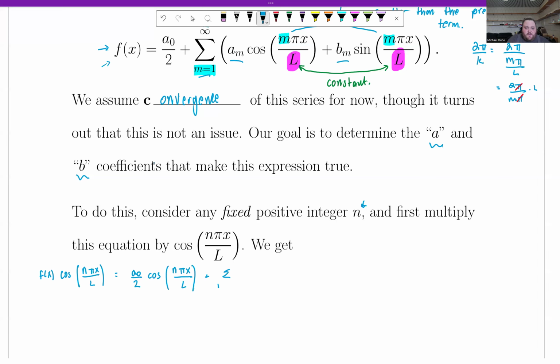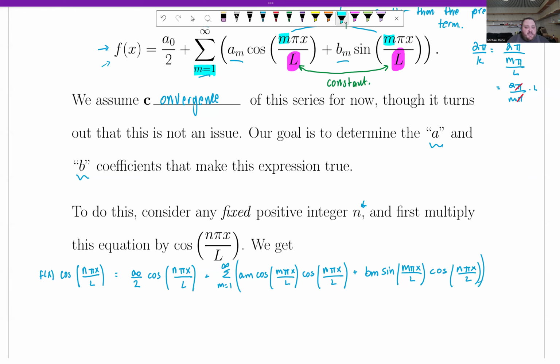Plus the sum from m equals 1 to infinity of am cos m pi x over L times cos of n pi x over L, plus bm sine of m pi x over L cos of n pi x over L right here, and close that bracket, okay?